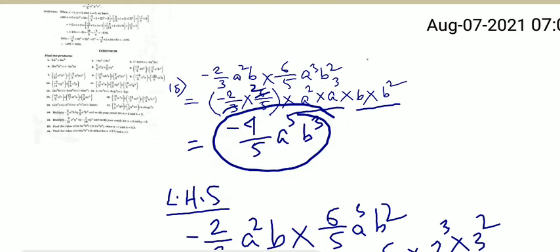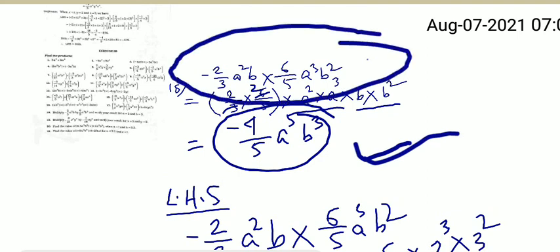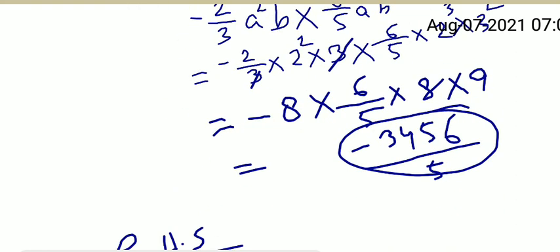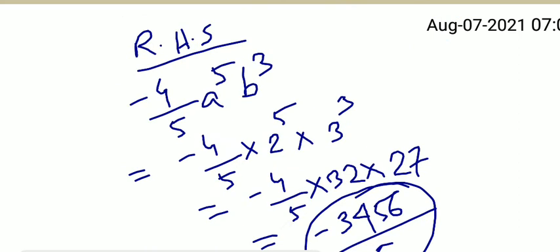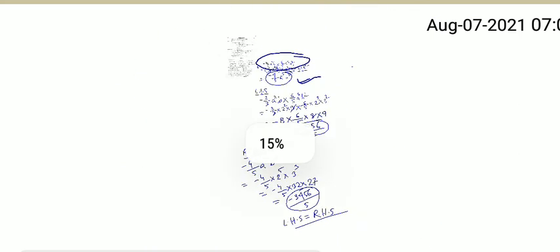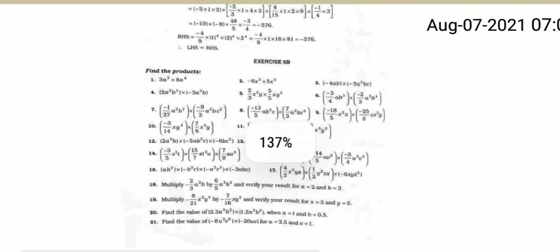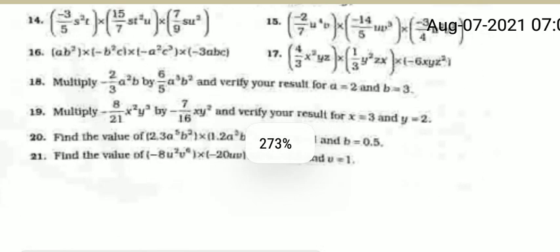First you have to multiply, then you get this result, then put the value of a and b in the left hand side, then put the value in the right hand side, and see whether these are the same or not. It will actually come out the same. So in this procedure, students, you have to solve question number 18 and 19. Clear?